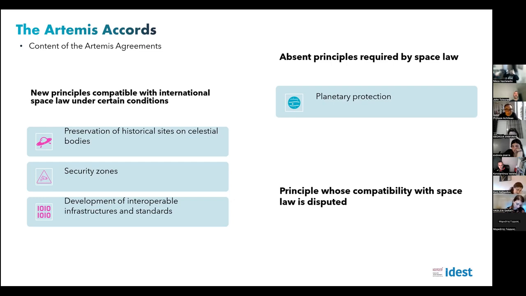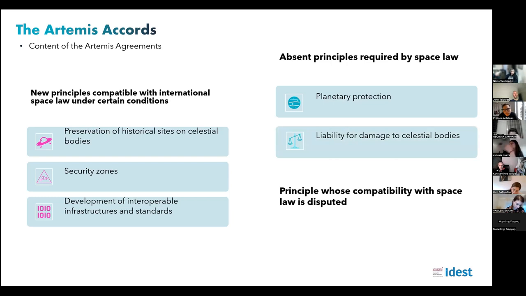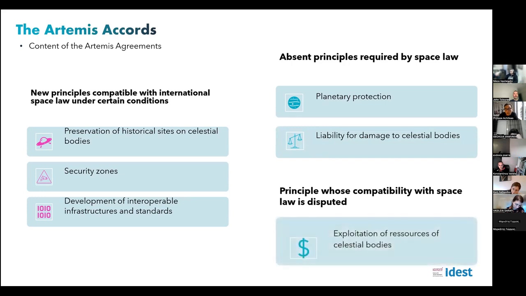But we don't see such obligations in the Artemis Accords. And there is no provision concerning liability for damages to celestial bodies or on celestial bodies. And then, of course, there is a principle whose compatibility with space law is disputed. It's a question of exploitation of resources of celestial bodies.